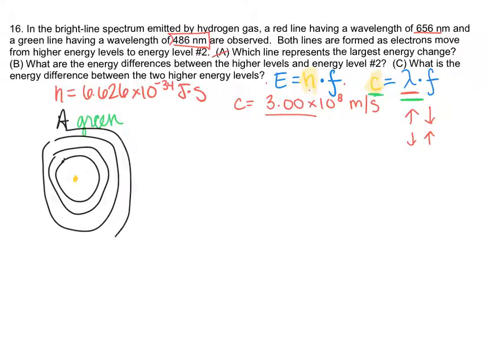I guess I should draw at least one more. Let's say that I fell from 3 down to level 2, and that was the green light that I saw. Well, that wave has energy. Maybe the red light fell from 3 to 2, and that emitted the red light I saw, and that has energy. So you're just essentially solving for the energy of each wave.